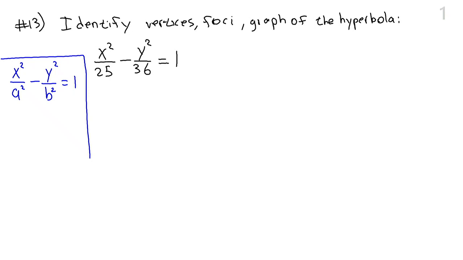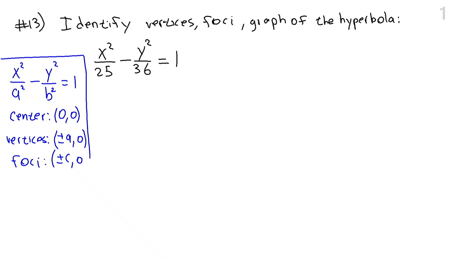So in such a hyperbola, centered at the origin, the vertices are going to be plus or minus a comma 0, and the foci are going to be plus or minus c comma 0. Where the relationship between a, b, and c is a little different from ellipses, it looks like this: c squared equals a squared plus b squared.